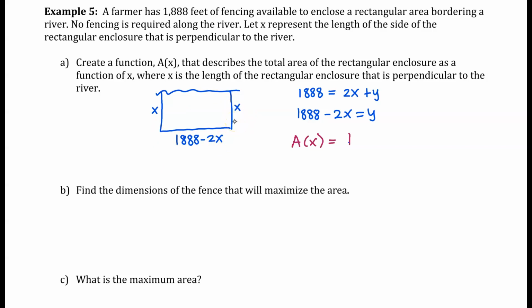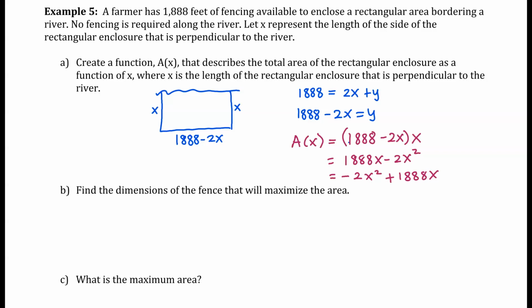So that means we have 1,888 minus 2X times X. That's length times width. And then we have 1,888x minus 2x squared. That is your area. Or you can write this as negative 2x squared plus 1,888x.